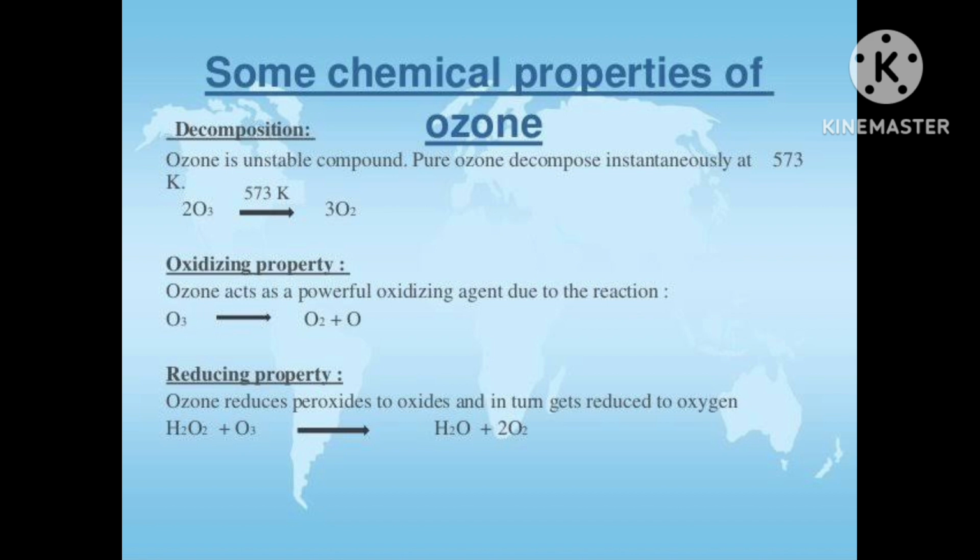Since the formation of ozone from oxygen is an endothermic process, it is necessary to use a silent electric discharge in its preparation to prevent its decomposition. Delta H value is plus 142 kilojoules per mole.